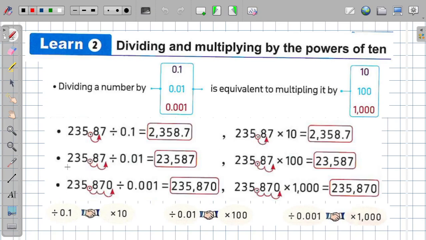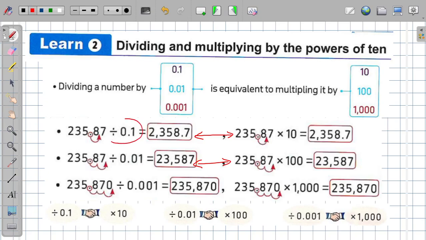And if we take 235.87, the same number, and divide it by 0.01, we will have 23,587. And if I multiply the same number by 100, we will get the same result.